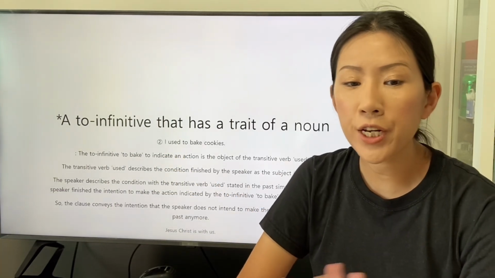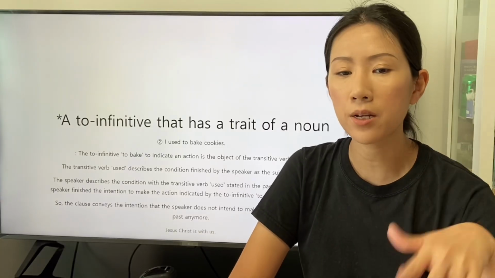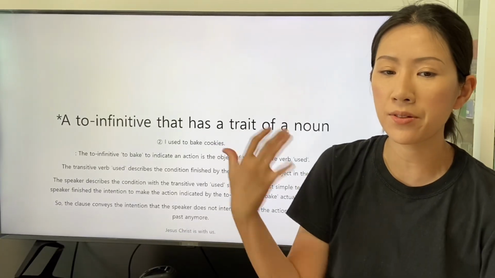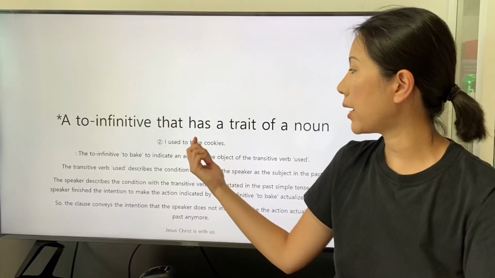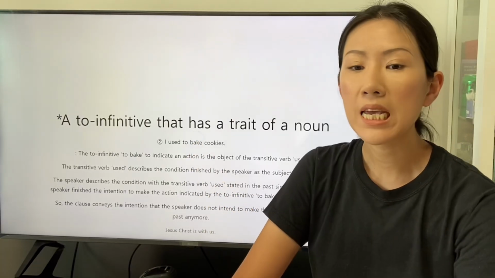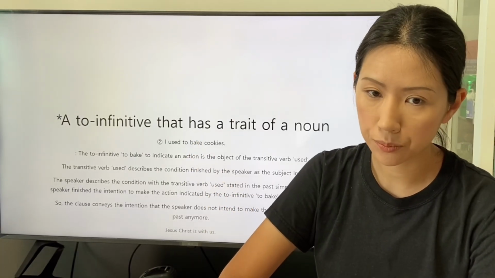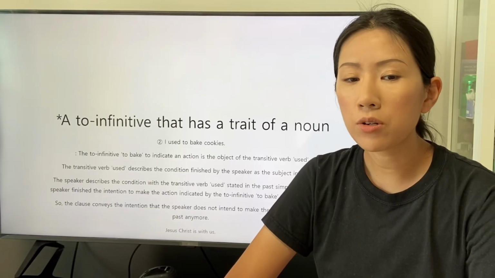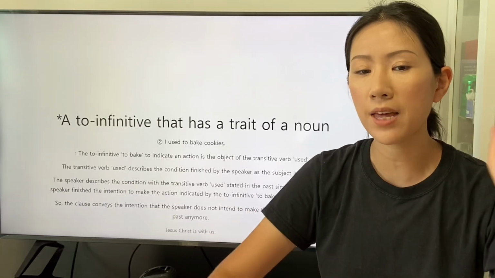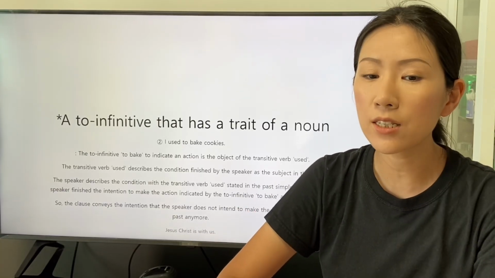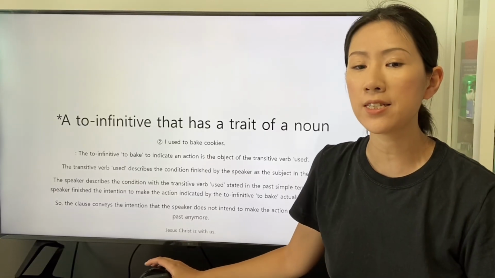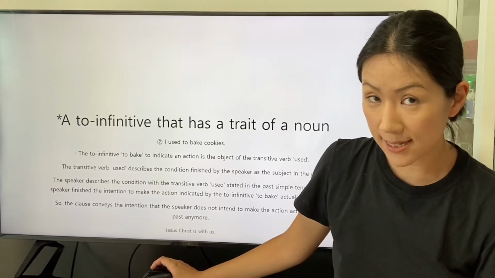That the speaker finished it, the intention to make the action indicated by the to-infinitive to bake in the past. So the clause conveys the intention that the speaker does not intend to make the action actualize in the past anymore.